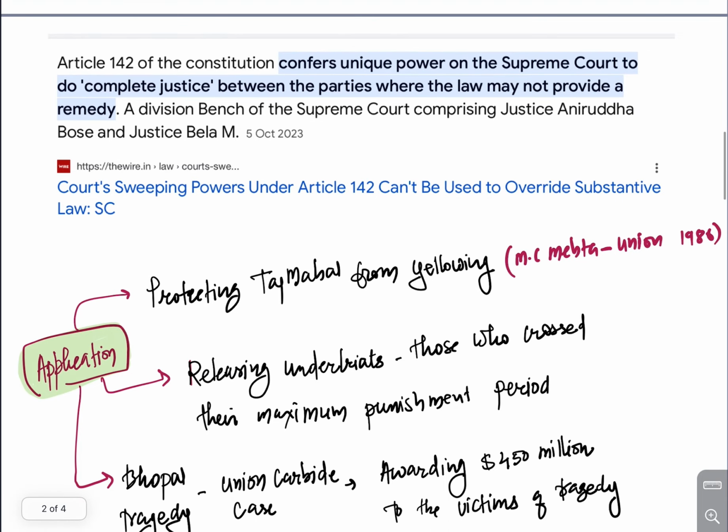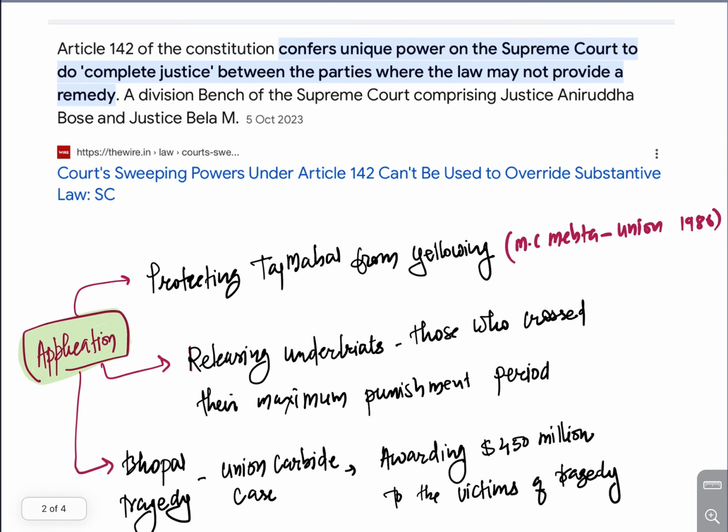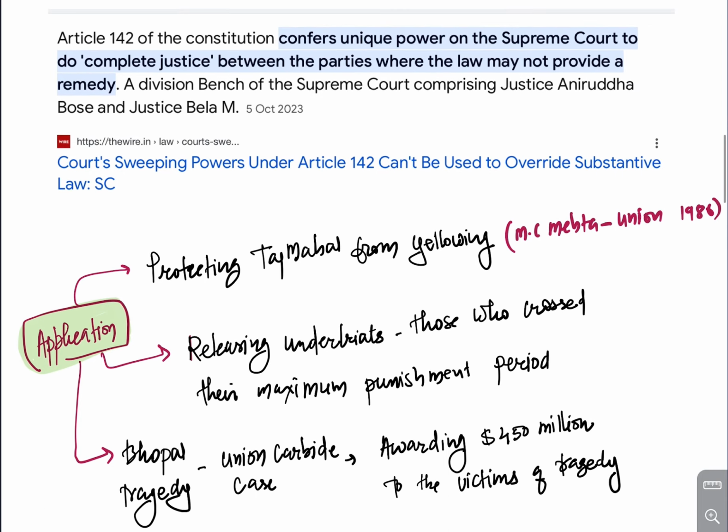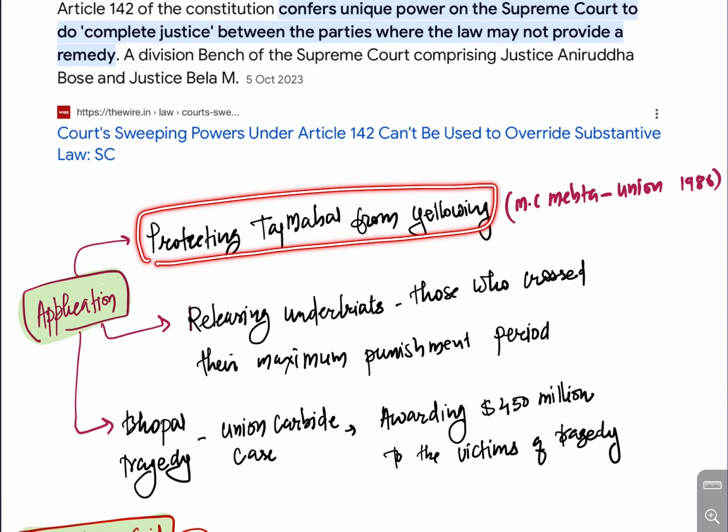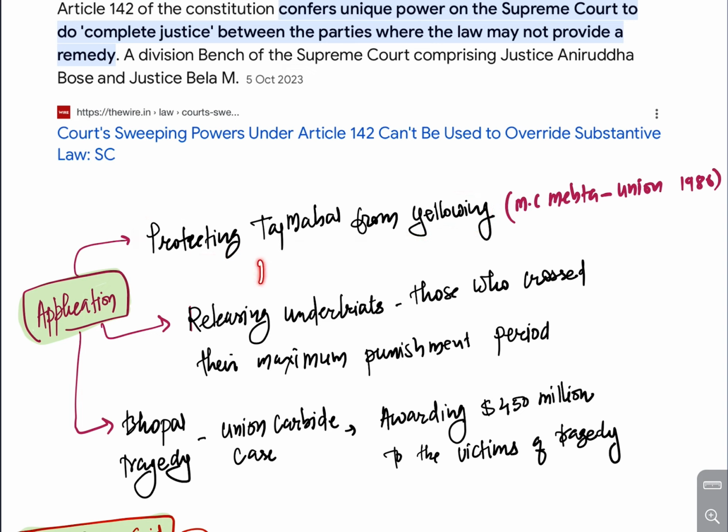So remember, we will see where this power has been used. First of all, protecting the Taj Mahal from yellowing. This case is the famous Taj Trapezium Zone case, the TTZ case, in 1986 between MC Mehta and Union. MC Mehta was a lawyer and environmentalist.